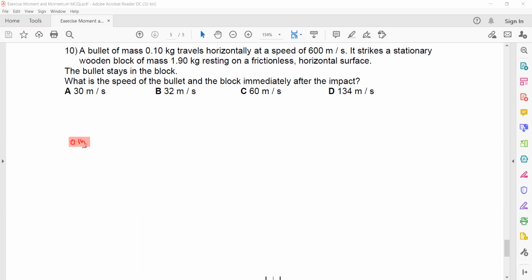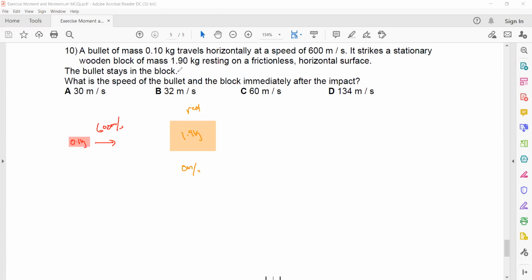You have a 0.1 kilogram bullet which is moving with 600 meter per second. And it strikes a stationary wooden block. So there's a block of wood which has a mass of 1.9 kg, and it is at rest, not moving. So its speed is 0.